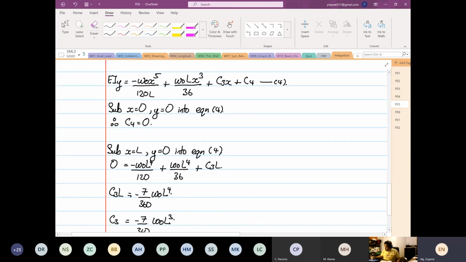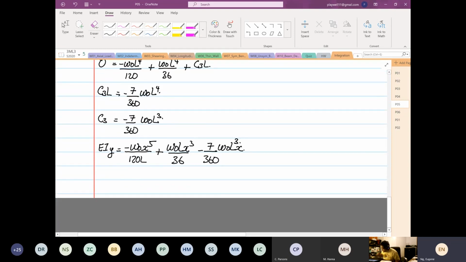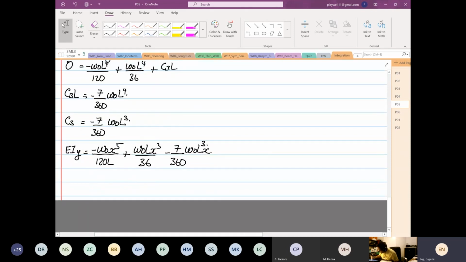To write this out, y as a function of x is equal to 1 over EI times minus omega naught x^5 over 120L plus omega naught Lx cube over 36 minus 7 over 360 omega naught L cube x.